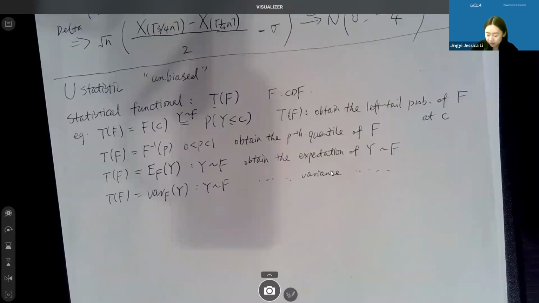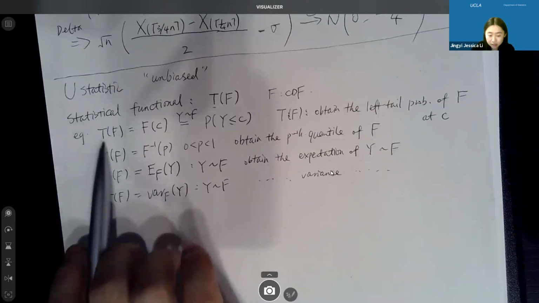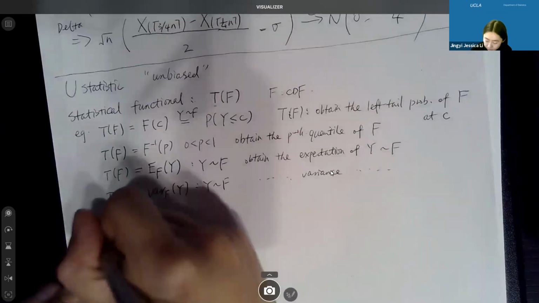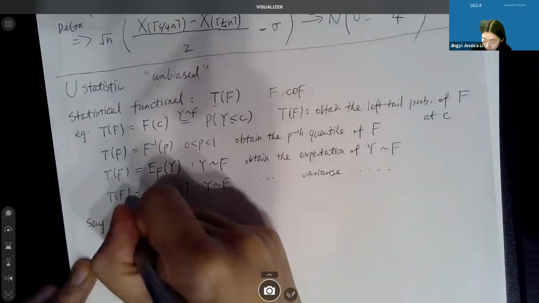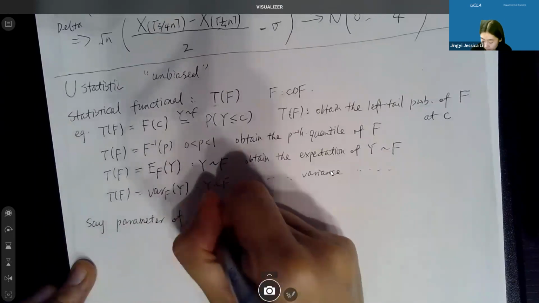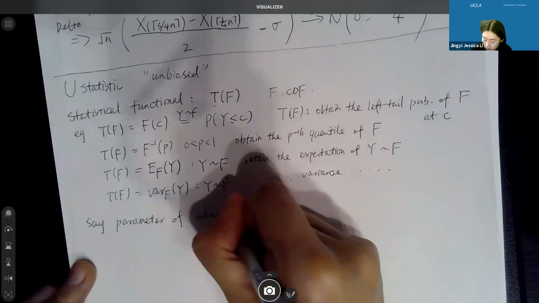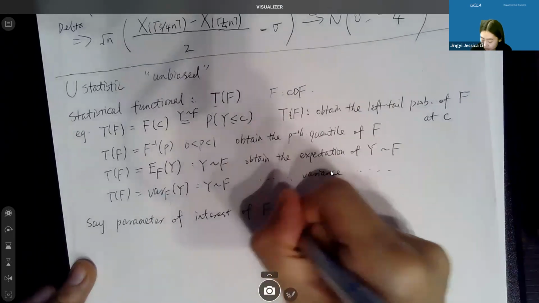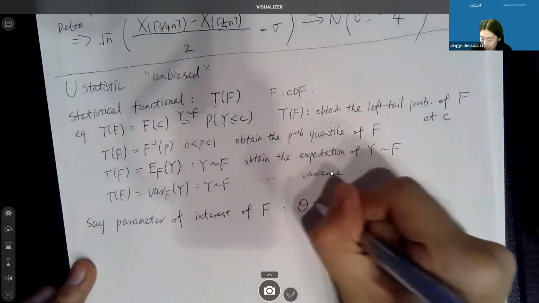Why is that? If you think about the parameter as a statistical functional and you want to estimate it, say the parameter of interest of F can be written as theta = T(F).